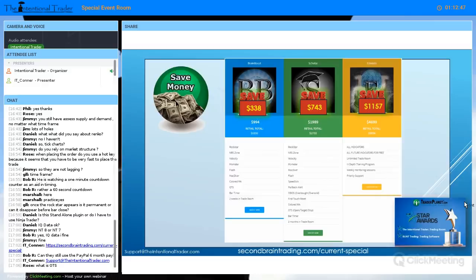That is a little helper tool, Rose, and that stands for Open Target Stop, OTS. You may have noticed on some of our charts, on the right side, there's 5 arrows that pop up. And then after 15 seconds, they disappear. All that is a very quick qualifier so that I can visually see where support and resistance is relative to the open of the bar so that I'm not taking trades.